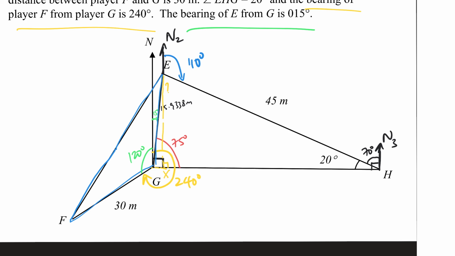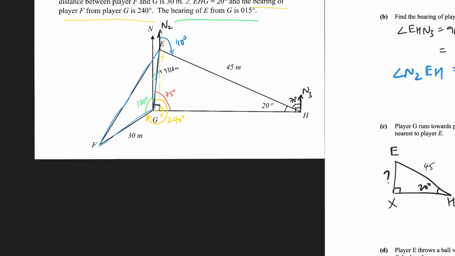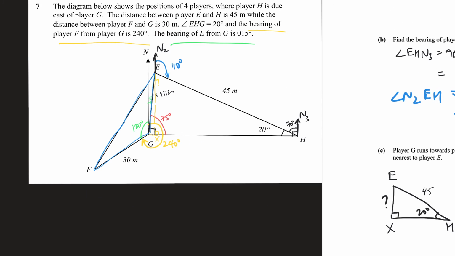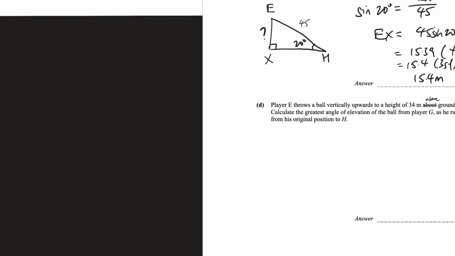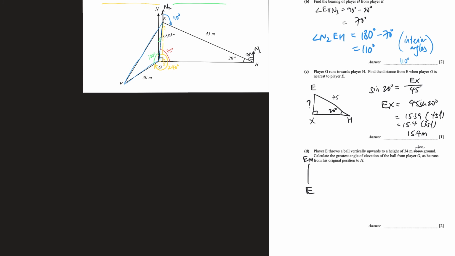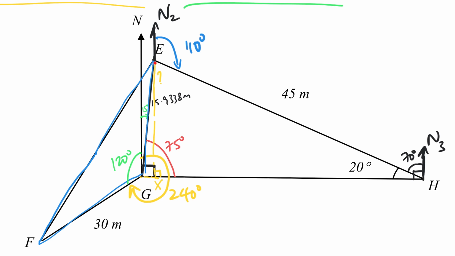And so, since it's 34 meters above, we're looking at this triangle. Let's call the point above E, where he threw the ball, E top. So from E, if he throws it up, it goes to E top, and that's just going out of the paper, which I can't really show.